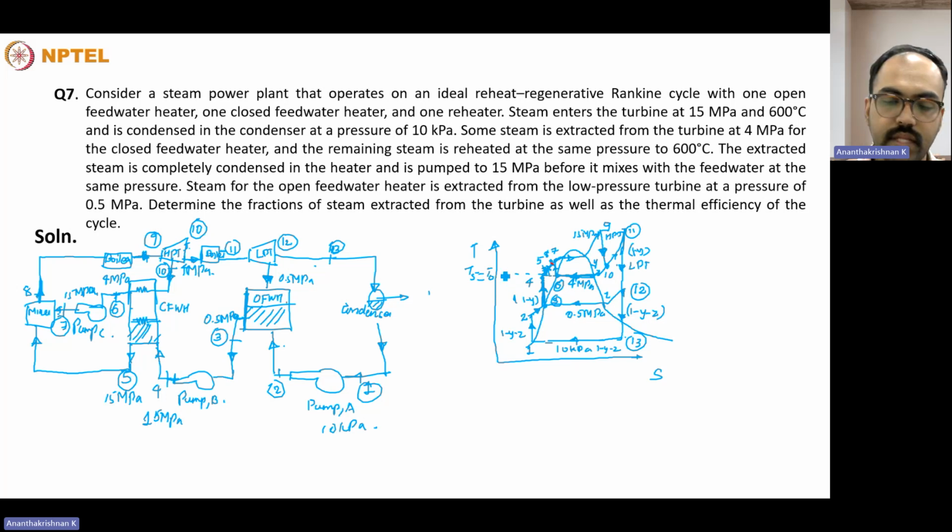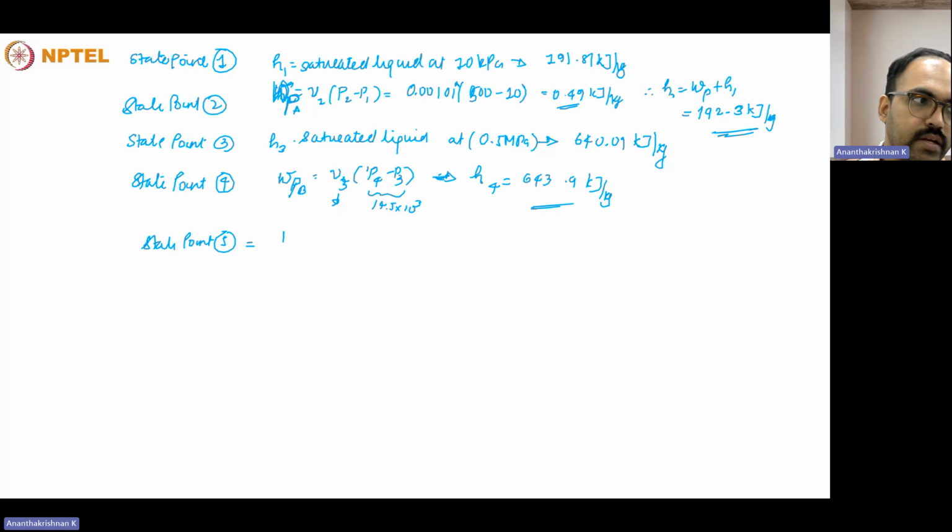So that is one important thing that we need to identify while solving the ideal regenerative reheat cycle.